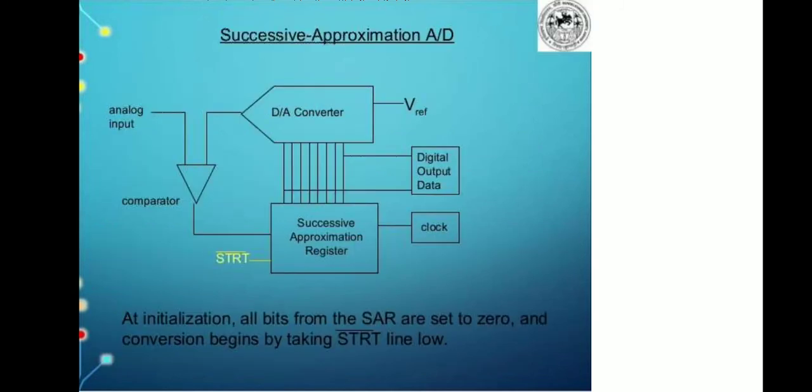Then the successive approximation type ADC. The figure shows the circuit or block diagram of the successive approximation type ADC. At initialization, all the bits of the SAR are set to 0, and the conversion begins by taking the START line low.